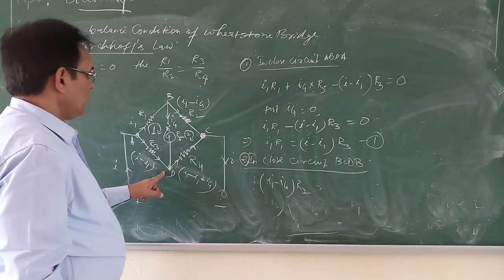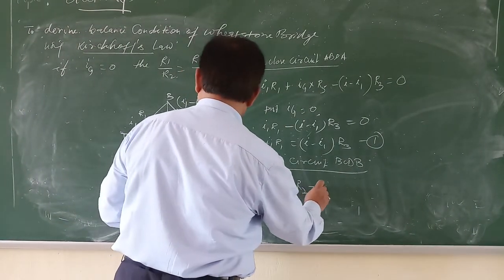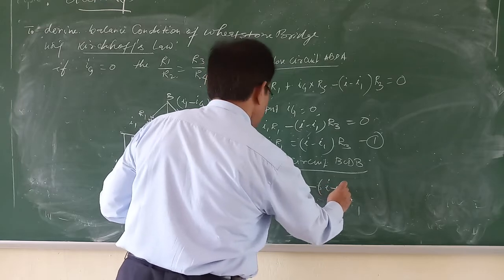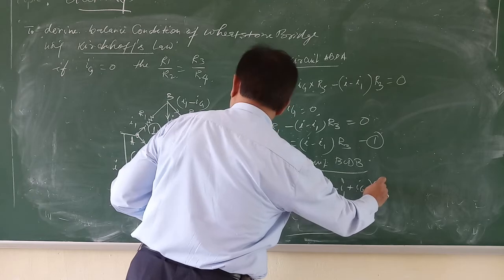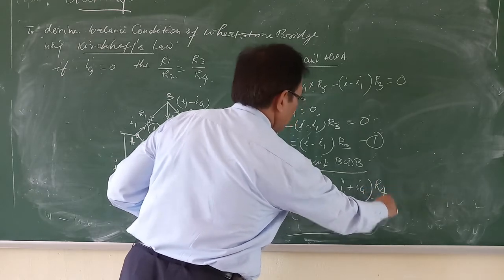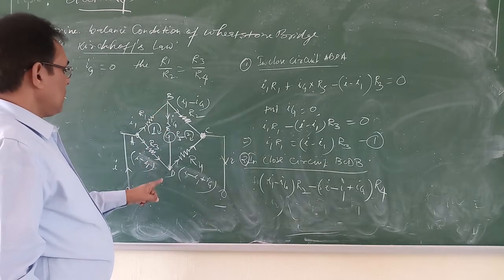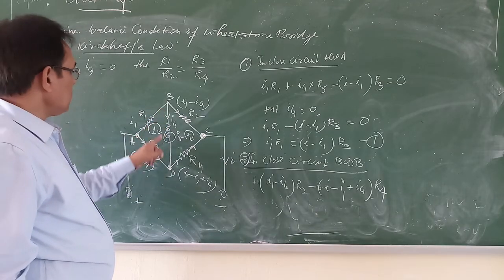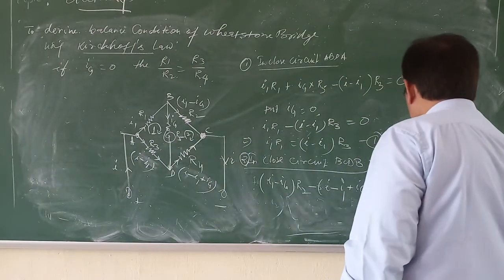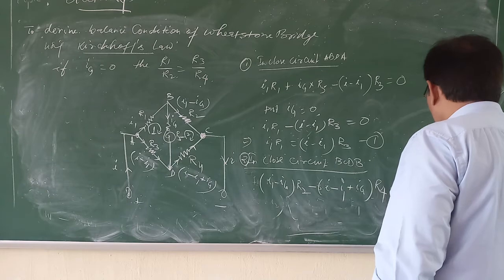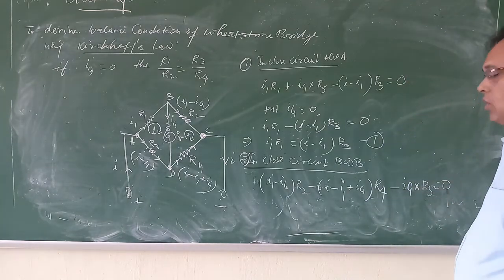Then C to D, current is in the reverse direction, so this is a minus product, so minus I minus I1 plus IG into R4. And now D to B, again the current is in the opposite direction, so the product is negative, minus IG into R5, equal to 0.